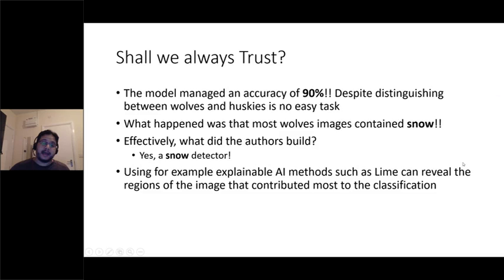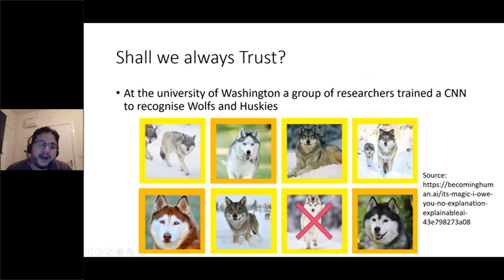So what do we do? One way to detect how the model is doing is to use explainable artificial intelligence methods. They try to find which pixels influence the decision. Lime is a framework that removes portions of the image and sees if it influences the decision.